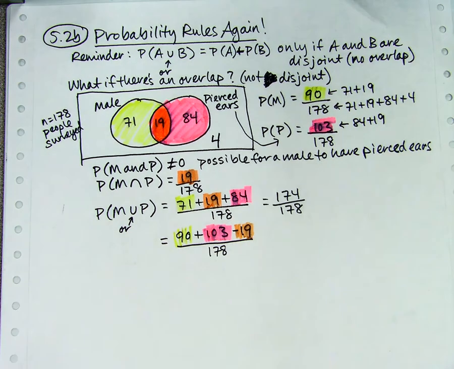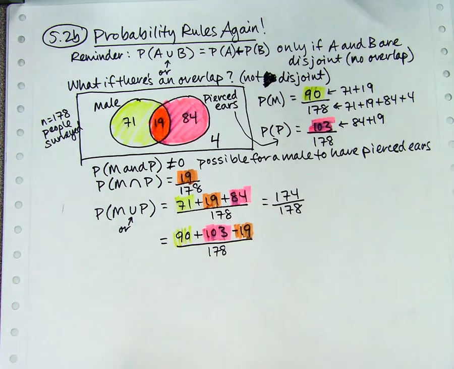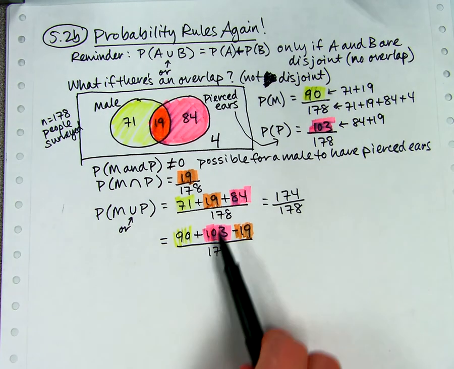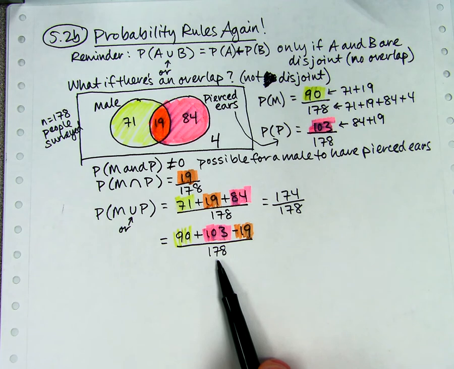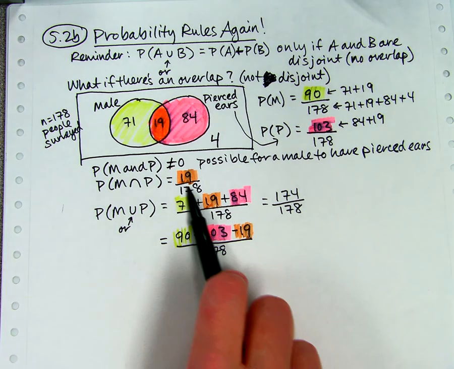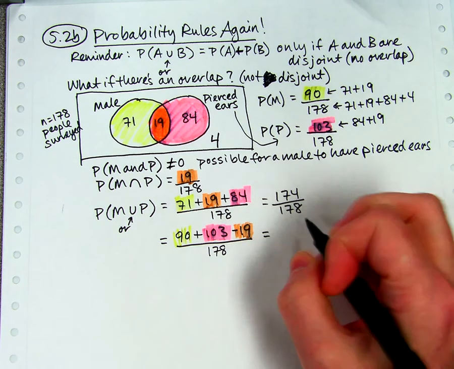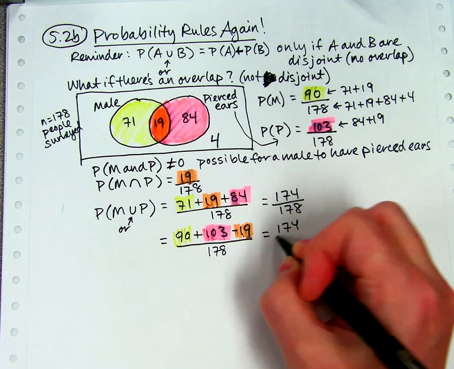And I could have done that as 3 separate fractions. In fact, I could have done this as 3 separate fractions also. It's basically 90 over 178 plus 103 over 178. These 2 fractions added together minus 19 over 178, which is this fraction. So you could put it as 3 fractions, or you could combine them. Either way, you get the 174 out of 178.